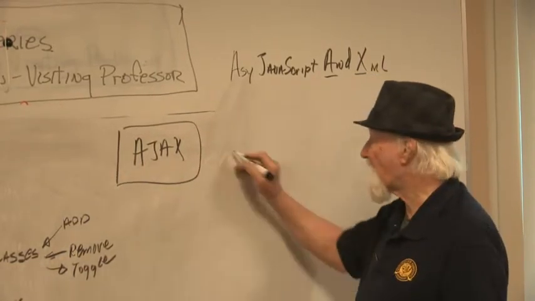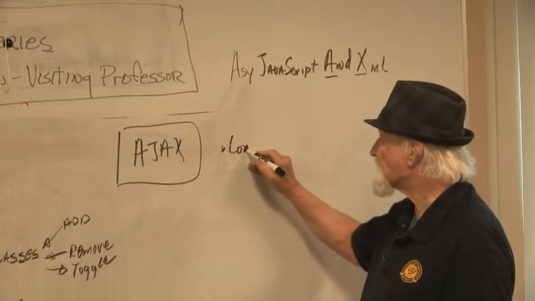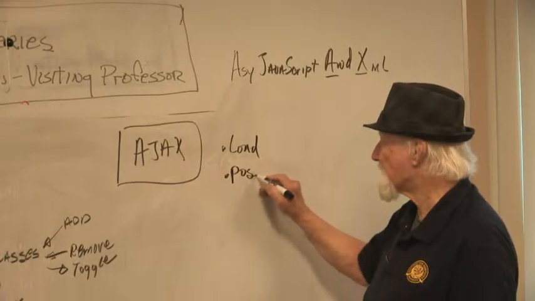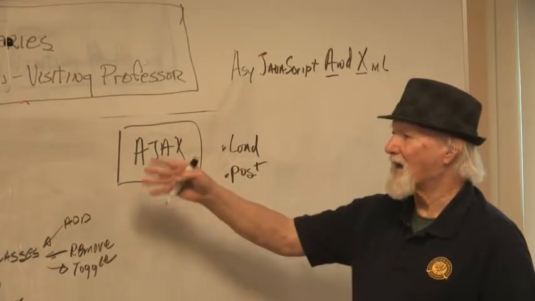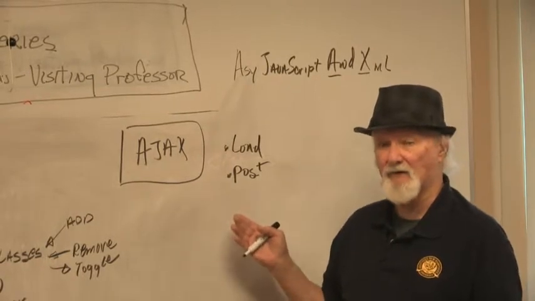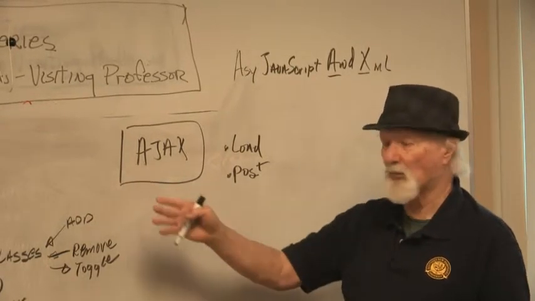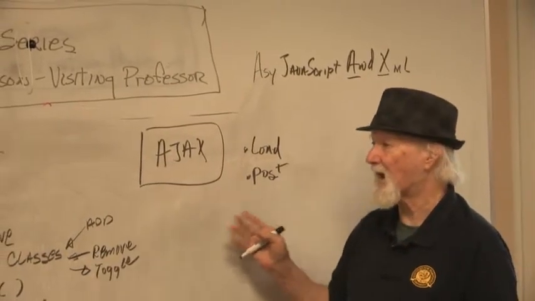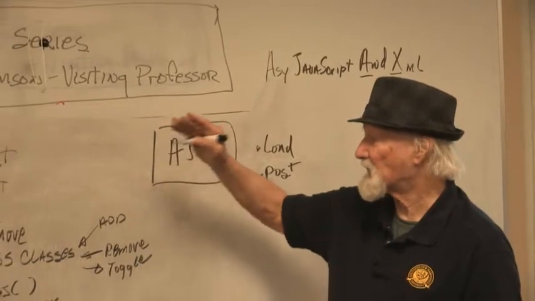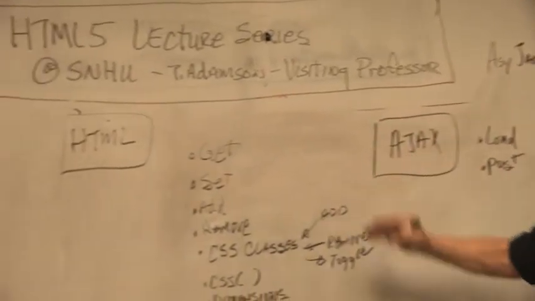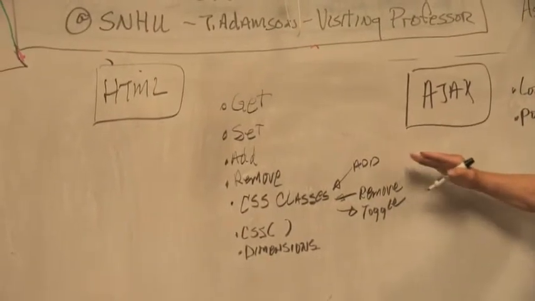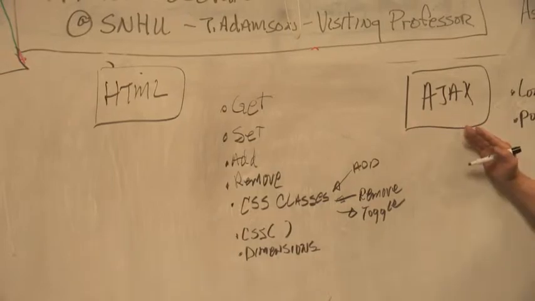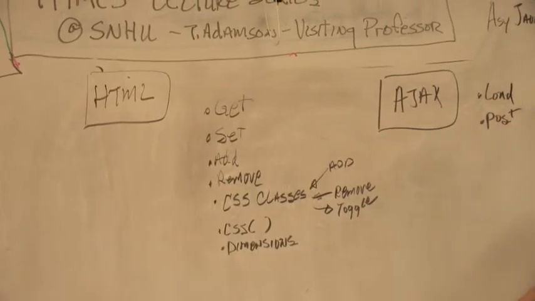And what it can do with AJAX is that it can load information from the server and it can post information on the server. So those are the major things that jQuery can do. And if I had to code this without jQuery, it'd take a lot of coding, and I have to use a lot of the DOM, a lot of the document object model. So we have, for HTML, get, set, add, remove, CSS classes where I can add them, remove them, toggle them. I can do CSS stuff, I can get dimensions, I can do AJAX, I can load, and I can post.